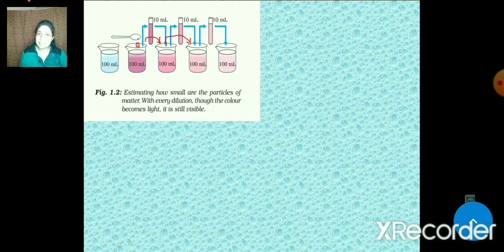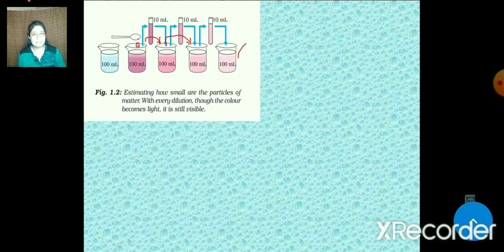Now, what is the observation? We can see that in the last beaker also, there is a trace of pink color. That means there is some extent, maybe very small, of potassium permanganate present in the last beaker also.